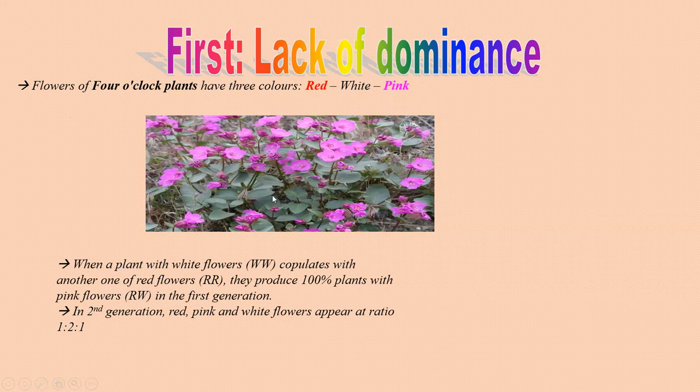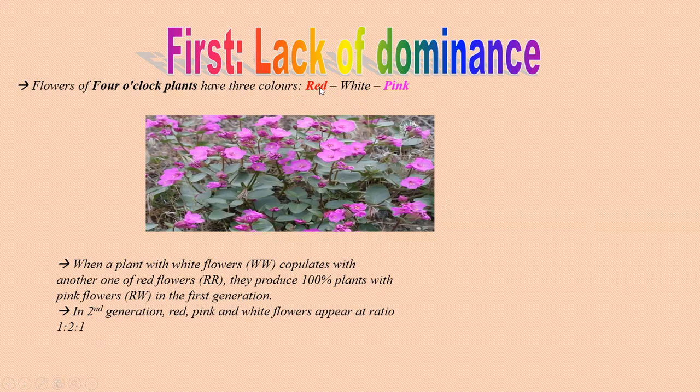Let's see what will happen and how to write this lack of dominance. How will I be able to write its genotype? Okay, number 1, as I told you, they found a red colored flower, another white colored flower, and another pink colored flower which is the mix between red and white.